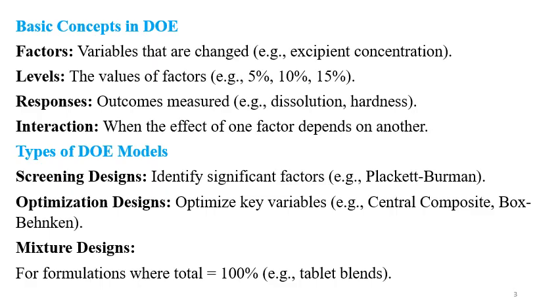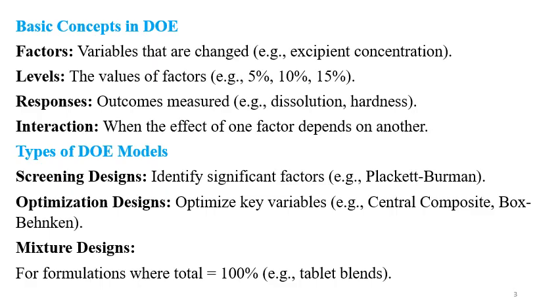Levels are the values of the factors, like binder 5% you can use, or lubricant 1% you can use. Responses are the outcomes measured. For example, a 5% level of the binder can result in good hardness of the tablet and the dissolution. Interaction is when the effect of one factor depends on another.